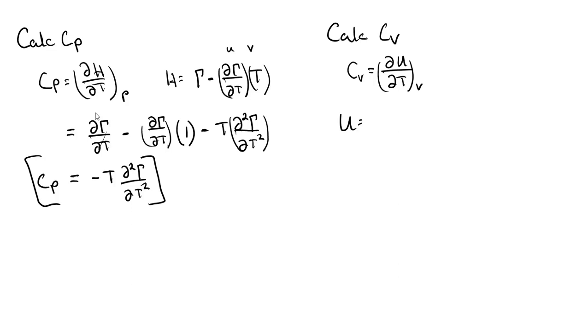Internal energy was Γ minus T times dΓ/dT, minus RT. So we take the derivative of that with respect to temperature at constant volume.